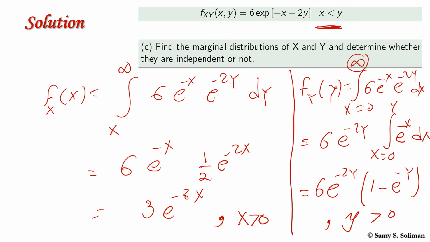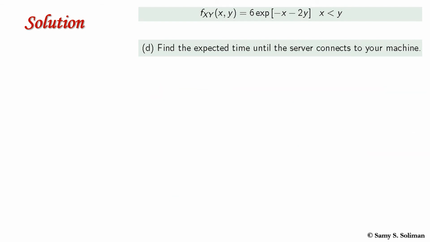Of course, since the product of the marginal distributions is not equal to the joint distribution, these two random variables are not independent. If we want to find the expected time until the server connects to the machine, this is the expected value of the random variable x, so simply it is the integral of x f of x dx.